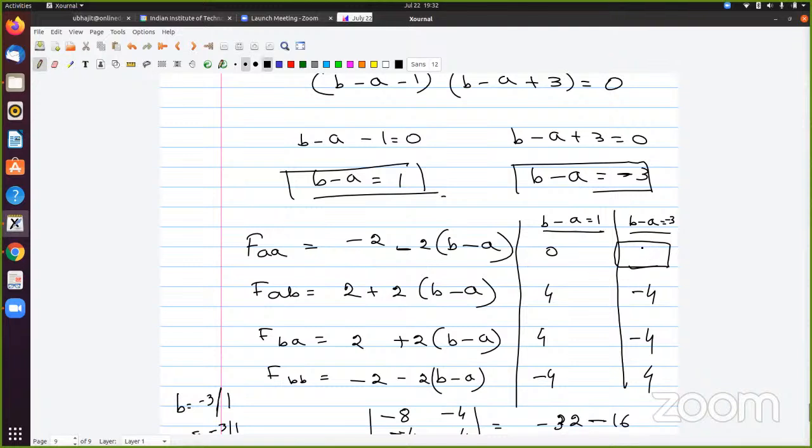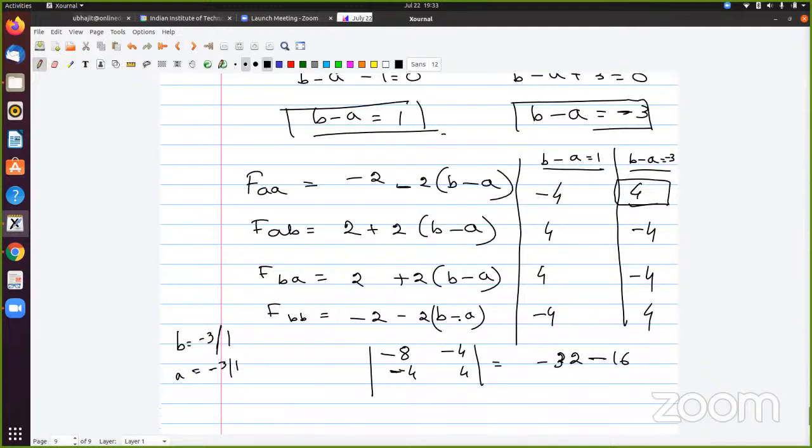So if we put b minus a equal to -3, it should be 4. So it is not the case. And when you put 1, then it is -4, is it? Yes, sir. -4. Okay, so this may be the possible case. This is -4, and this is 4.